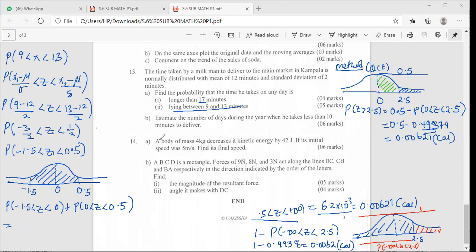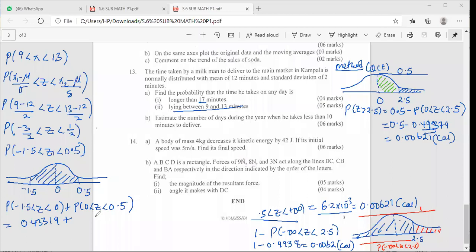This time round, guys, one thing you should remember, the probability of a positive is the same as the probability of a negative. So when you're pressing, press 2, but put negative 1.5. Then we see the answer you get. Then after, when you press 2 again, you put 0.5. For negative 1.5, we get 0.43319.